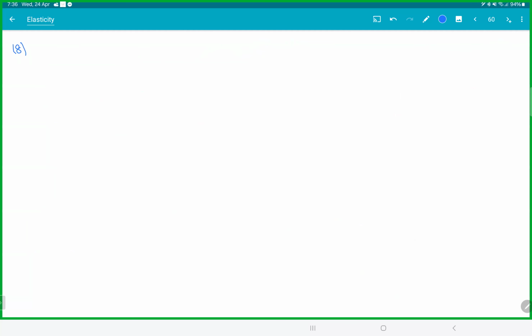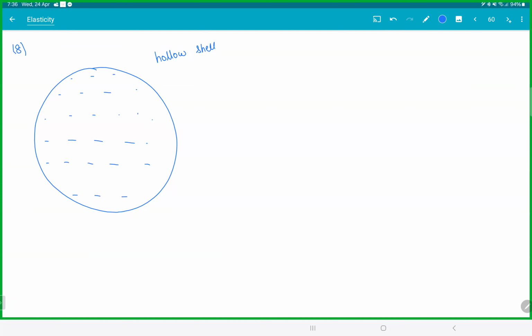We have a hollow sphere completely filled with water at 0 degrees. Density of water is 1 gram per cc.